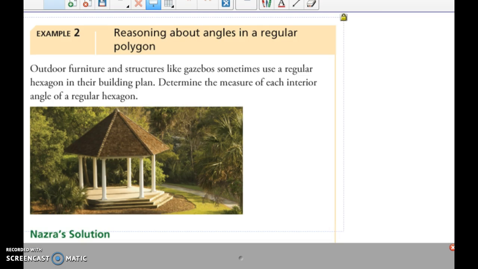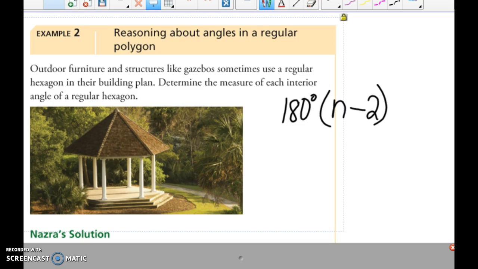Okay, so if we look at example 2, outdoor furniture and structures like gazebos sometimes use regular hexagons in their building plans. Determine the measure of each interior angle of a regular hexagon. So we are going to be using the formula 180 degrees times n minus 2, divided by n.